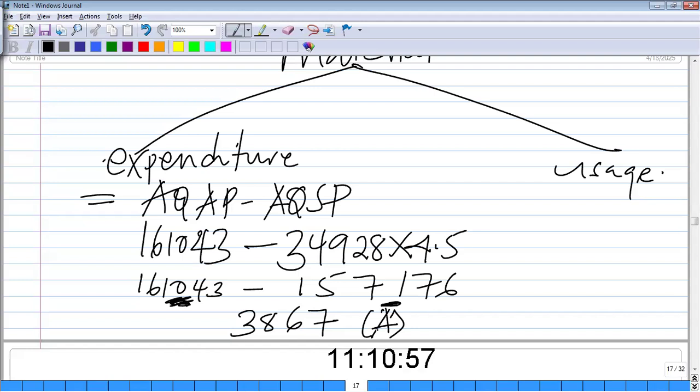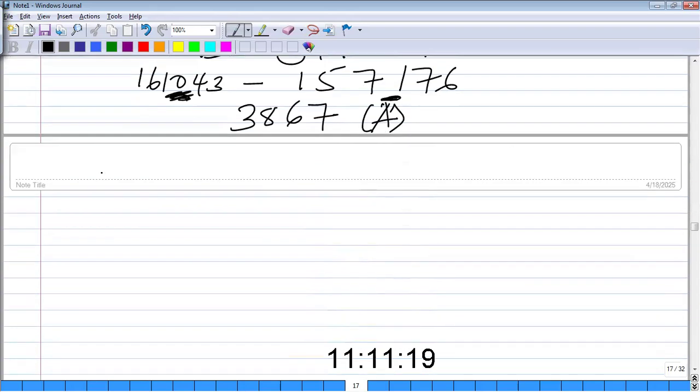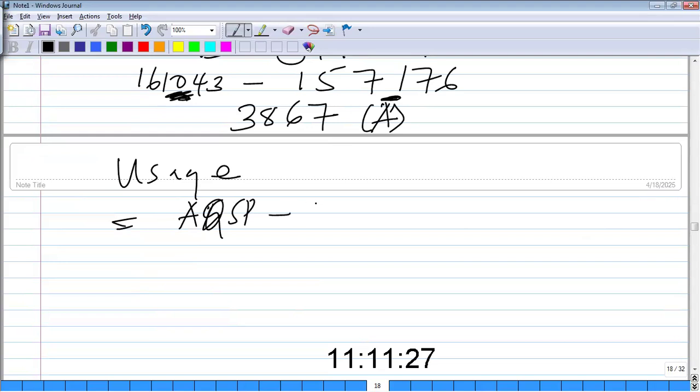So when it comes to usage, what's the formula for usage? AQ SP minus SQ SP. So we have our AQ, let me bring it here. Usage. So we said AQ SP minus SQ SP.